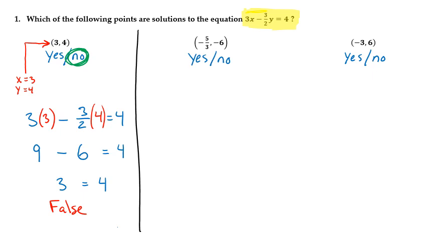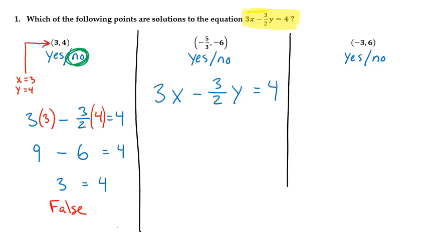Right, we've got the equation 3 times x, and I'm just going to rewrite the equation each time, and then we'll replace these variables. Okay, so we're taking the number -5/3 and replacing that for the letter x.